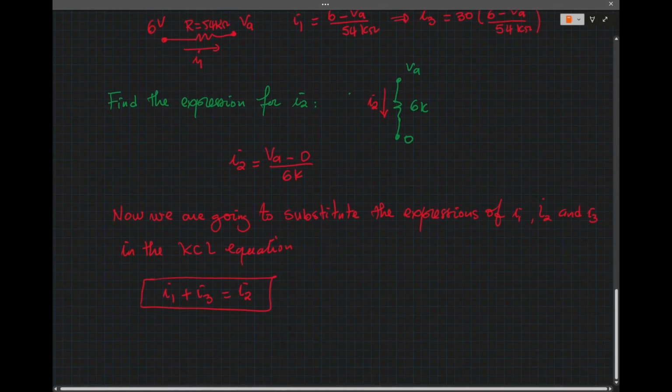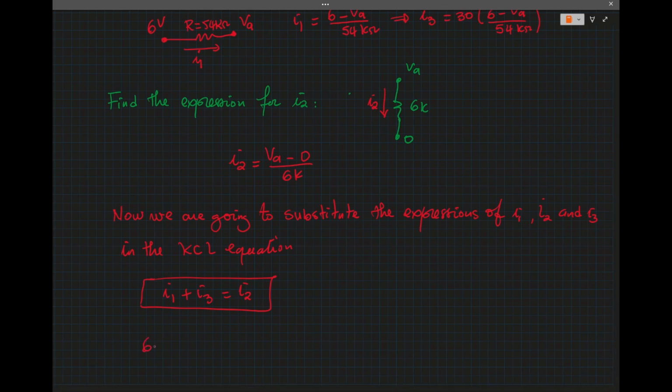Okay, so we know that I1 is 6 minus VA over 54K plus I3, which is 30 times 6 minus VA over 54K kilo ohm, equals I2, which is VA over 6K.